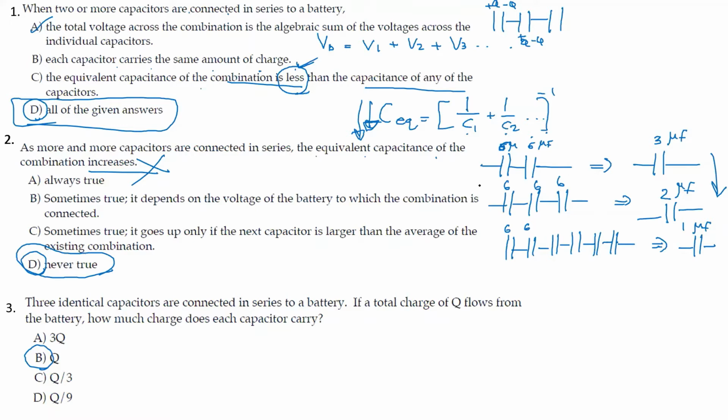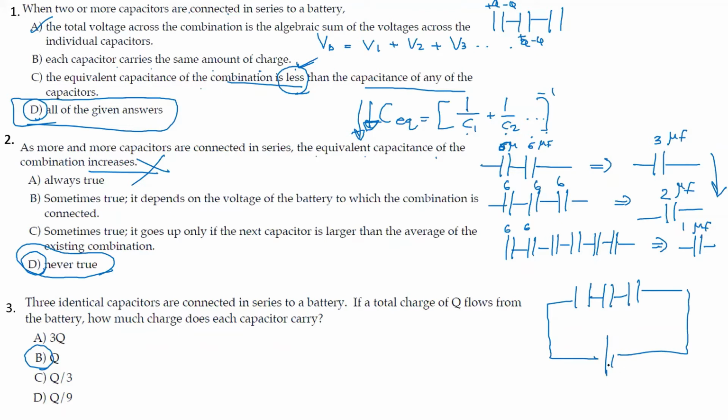Okay, so the third one: 3 identical capacitors are connected in series to a battery. If the total charge of Q flows from the battery, how much charge does each capacitor carry? We know, let's say we have 3 capacitors connected to this battery.